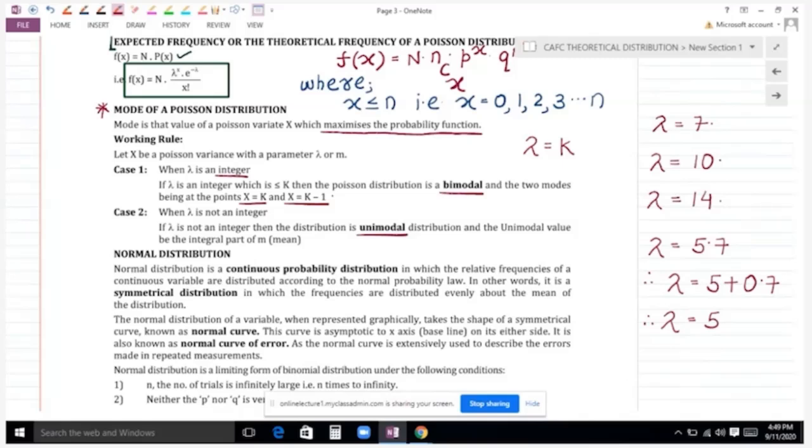The working rule was, bro, okay, we were supposed to find the value of the whole (n+1)p, bro. And by knowing the value of the whole (n+1)p, we were finding the mode of a binomial distribution.